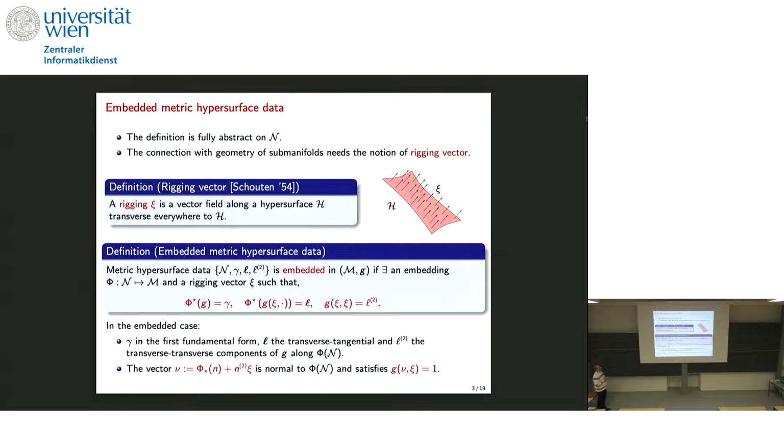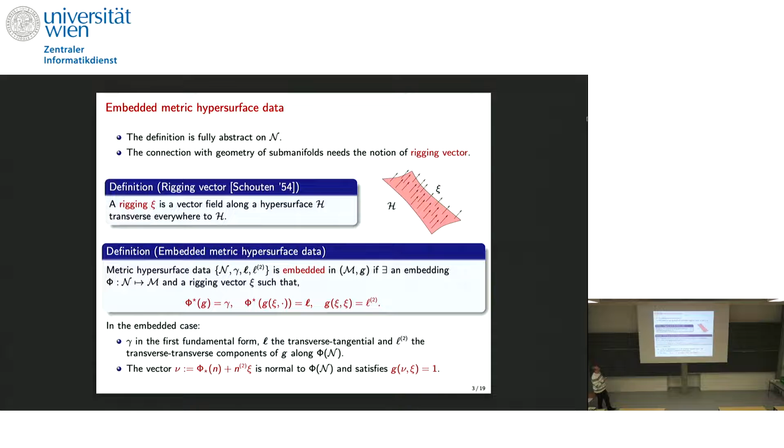First, gamma is the first fundamental form, so it's the pullback of the metric. L, this covector, is the pullback of the covector that you construct from psi, which is a vector field, if you lower its indices. So this is the metrically related covector to psi. You pull it back, and this should give you L. And L squared is just the square norm of this rigging vector.